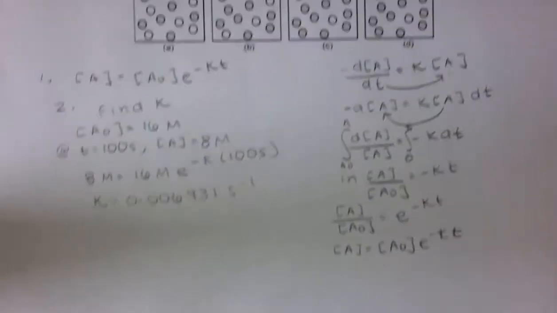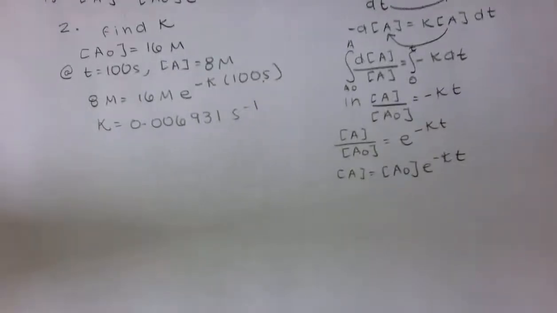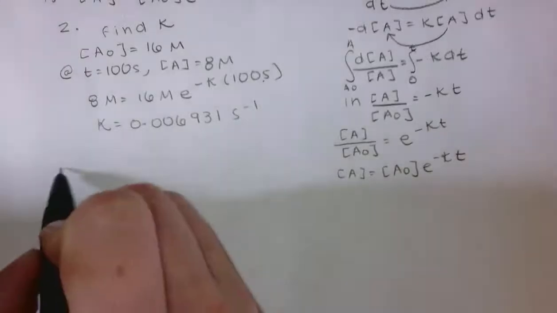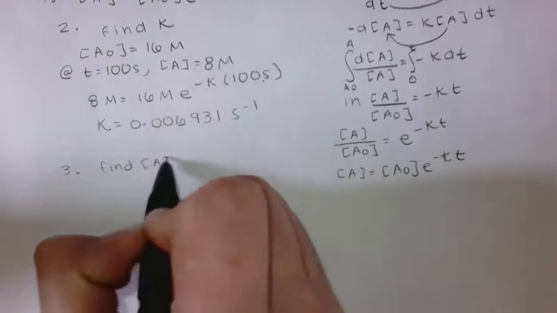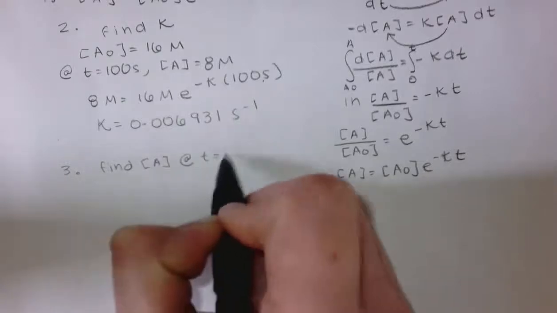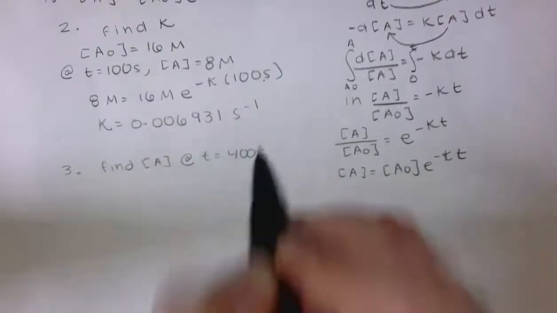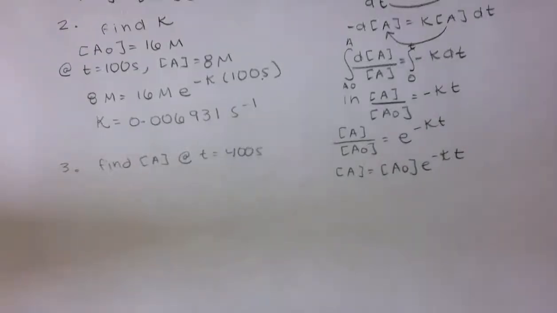So now that we have k, we can find the concentration of A at t equals 400 seconds. So we know that A naught is 16 molar. We have our k.